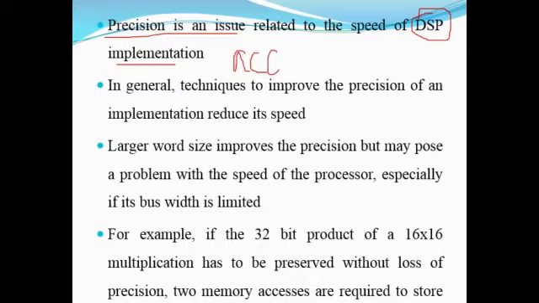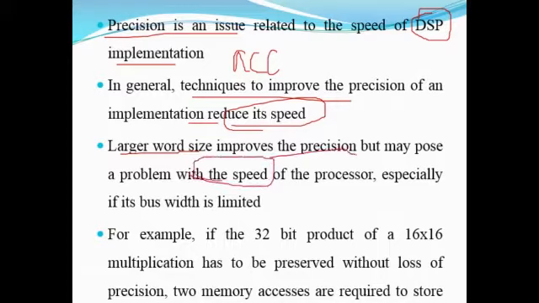In general, techniques are there to improve the precision of the implementation, but they reduce the speed as well. If the accuracy of the implementation is improved, it may also affect the speed. A larger word size can improve the precision, but there might be a problem with the speed of the processor, especially with the width of the bus, because the width of the bus is limited.